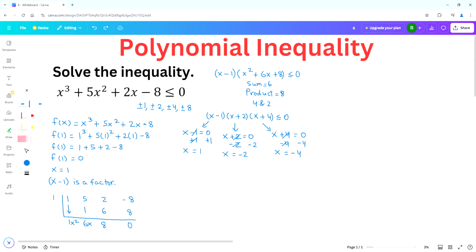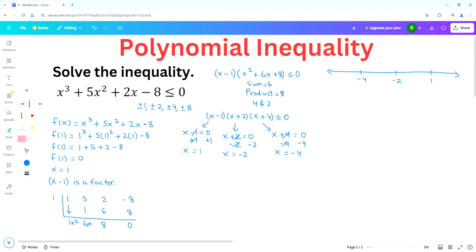Now we can use the number line method to find the solutions for the given inequality. We should plot the x-intercepts on this number line. These x-intercepts divide the number line into 4 intervals.